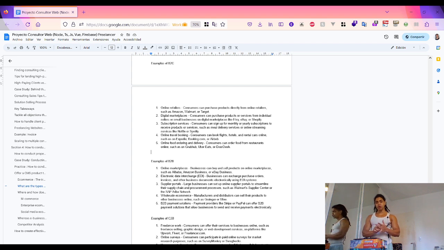Online travel and booking such as Expedia, Booking.com, or Airbnb, and online food ordering and delivery, like Grubhub, Uber Eats, DoorDash.